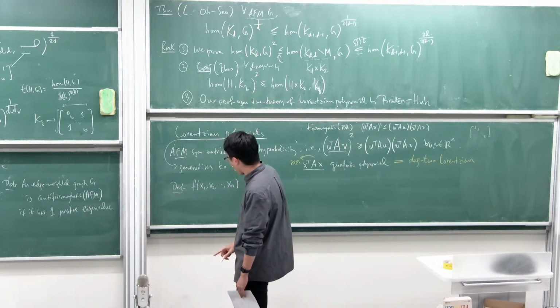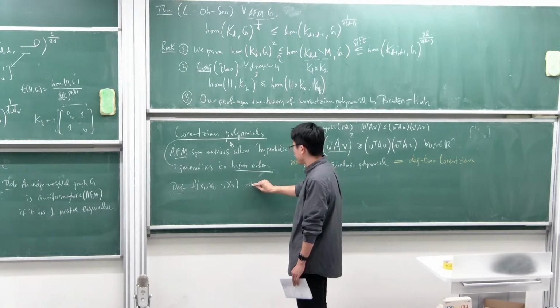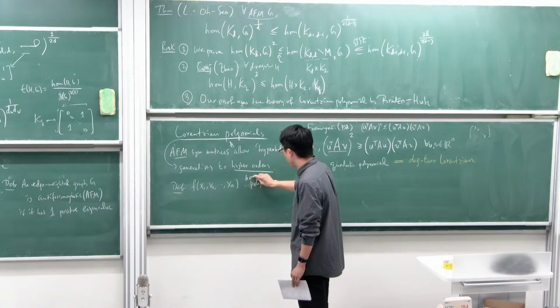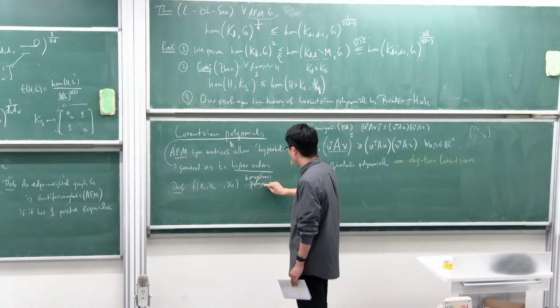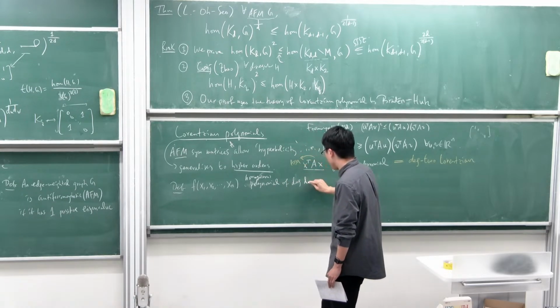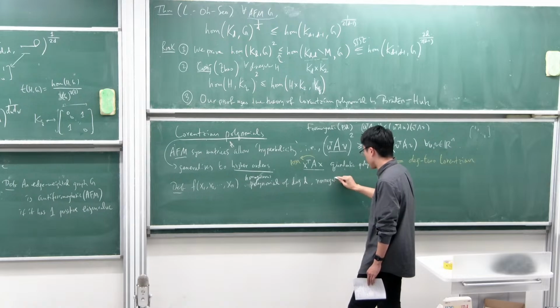You have an n-variable homogeneous polynomial of degree d with non-negative coefficients.